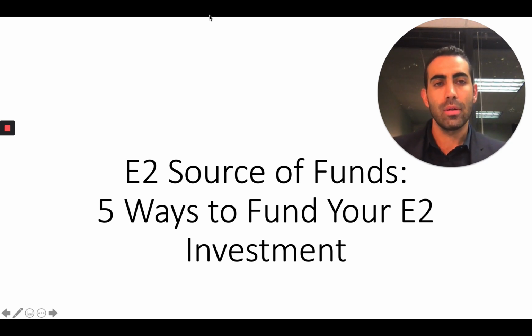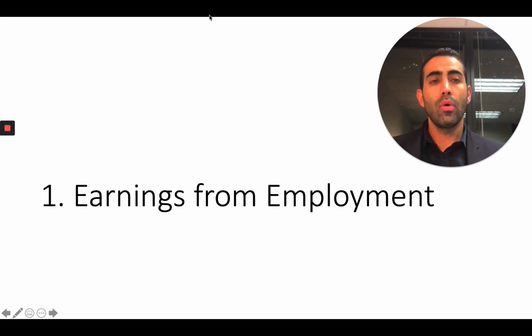So let's get started. Number 1, earnings from employment. This is pretty self-explanatory, but let's say you're working for a company or you're working for yourself in some sort of a lawful capacity, and you save up your earnings from that employment. Those accumulated earnings can be used as the basis for your E2 investment.